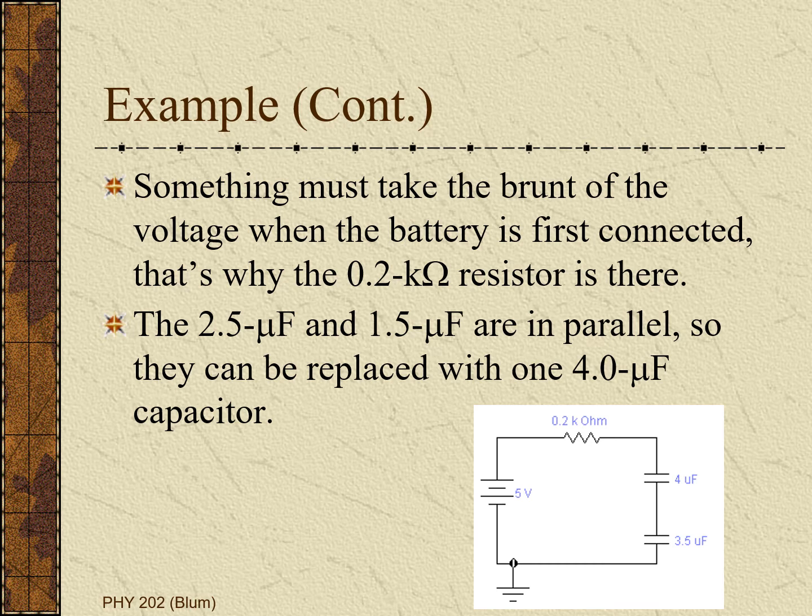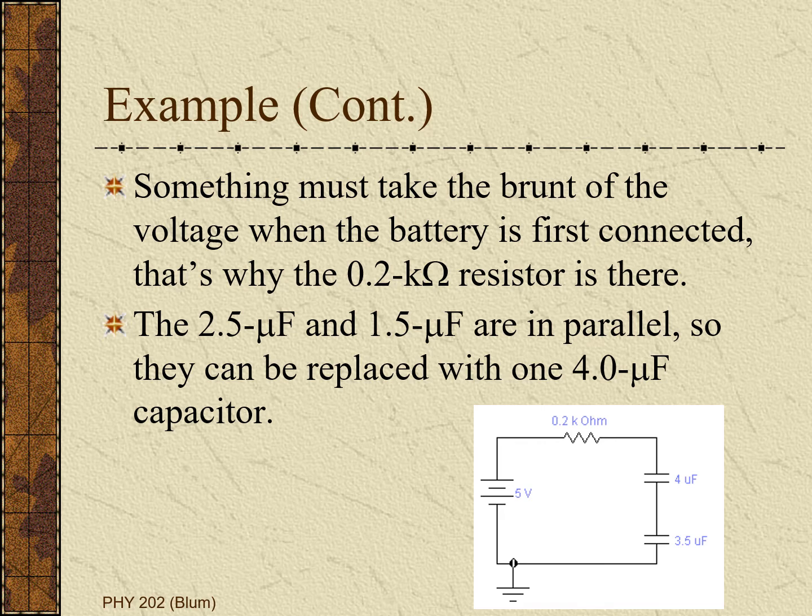But we must use up, as we go around a circuit, the 5 volts. And so that's the purpose of the 0.2 kilo ohm resistor here. When we first start and there is no charge on the capacitors, something needs to take the brunt of that 5 volts. So that's what the 0.2 kilo ohm is doing there.